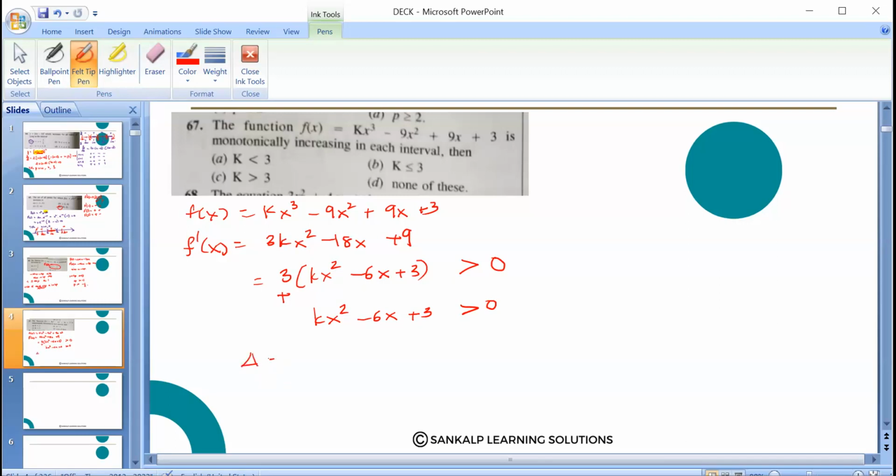Now the discriminant delta is b square minus 4ac. This will be less than 0 if k is greater than 0. And this will be greater than 0 if k is less than 0.